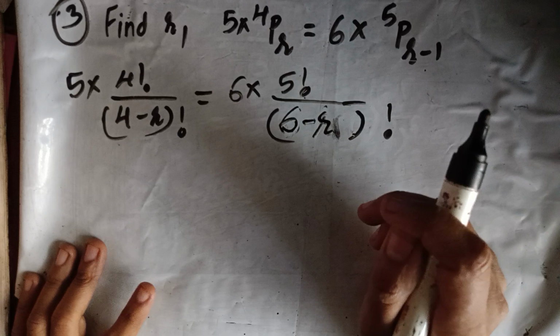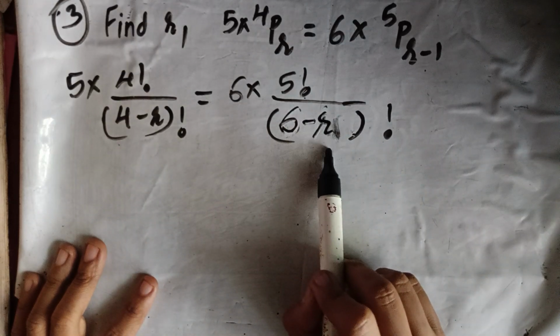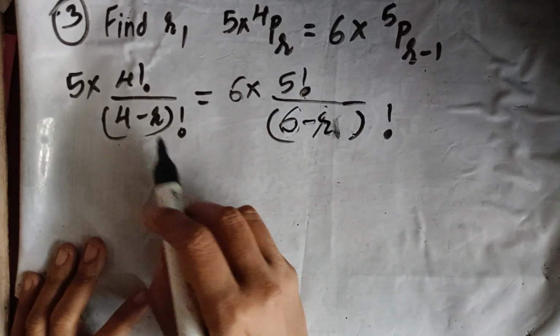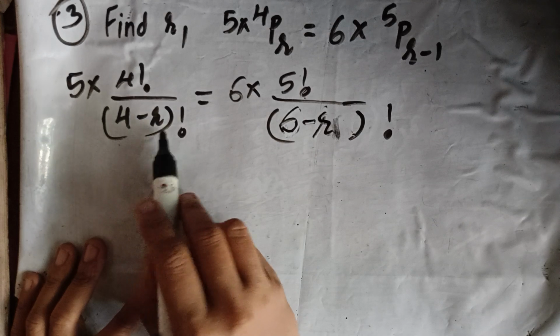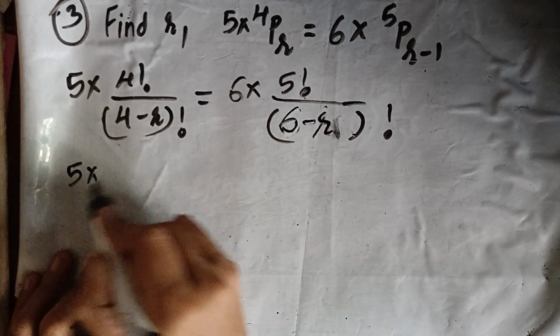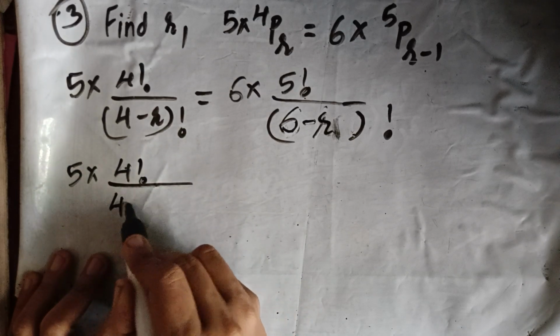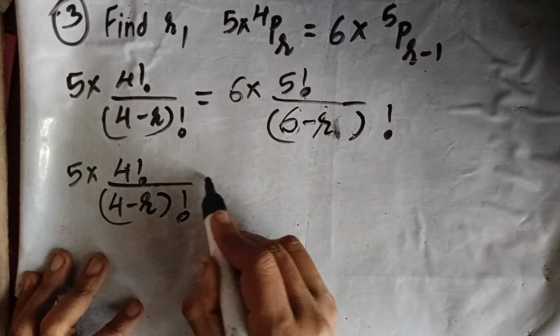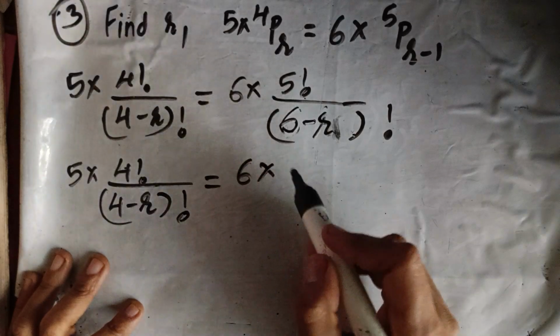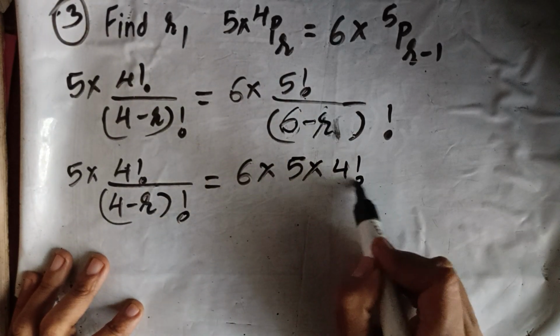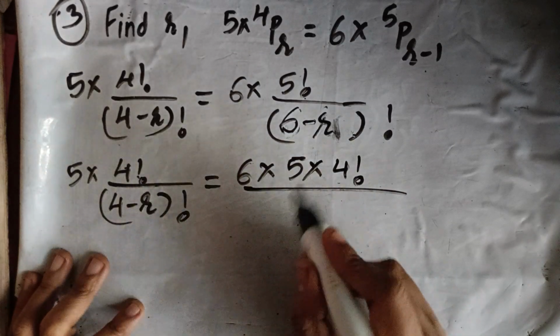We can expand this. This will be 5 into 4 factorial. This you can cancel with this 4 factorial, right?